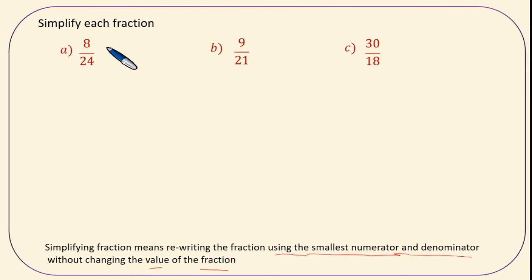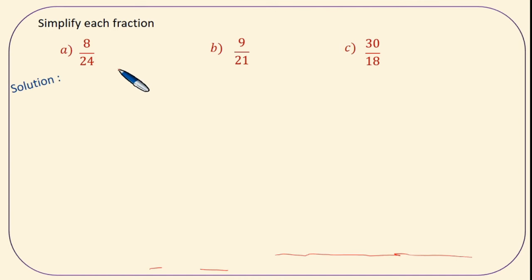So let me learn here. Let me write the question again: 8 over 24. Now just think of the table by which you can divide both the numerator and denominator. You are right, the common number is 8. It comes in the table of 8. 8 times 1 is 8 and 8 times 3 is 24.